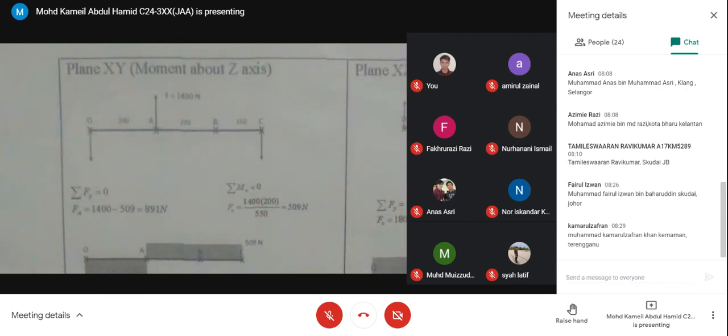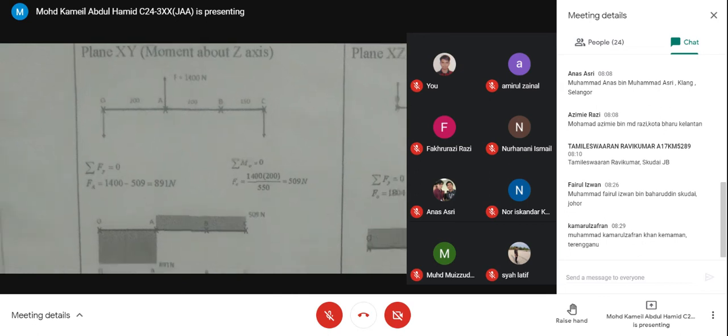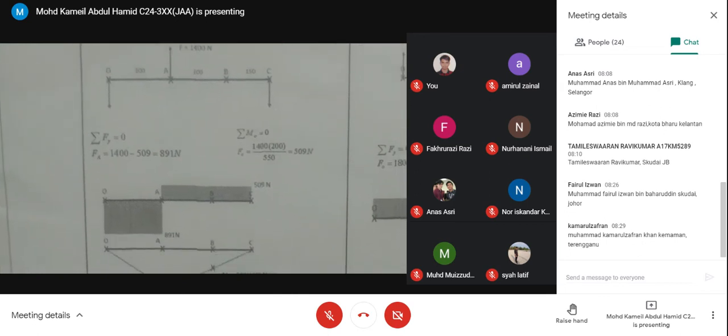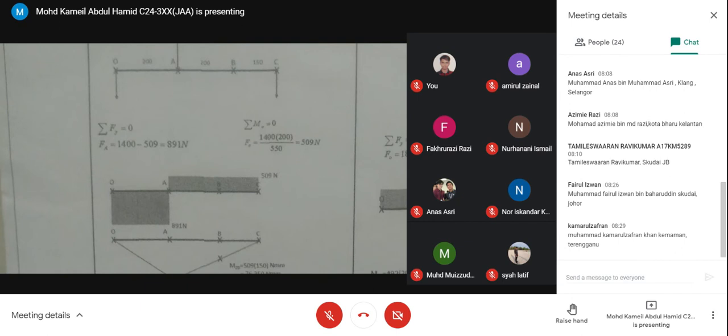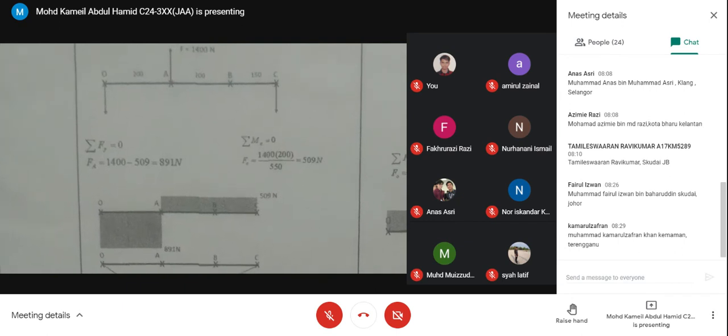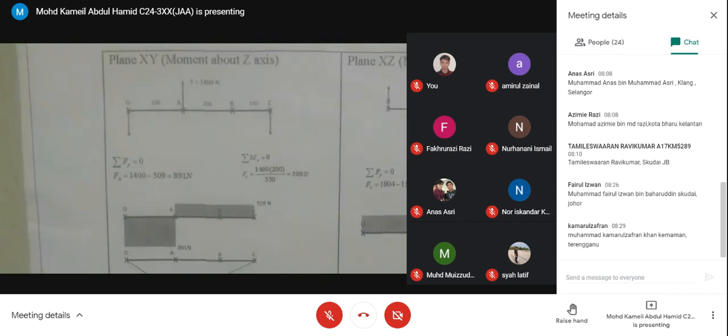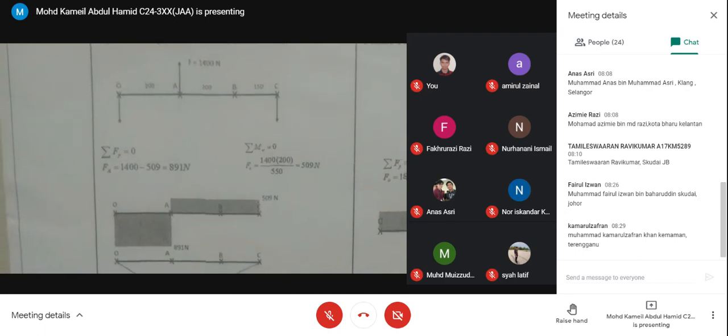You can solve for FO. Sorry, that is FA. So for FC you get 509.